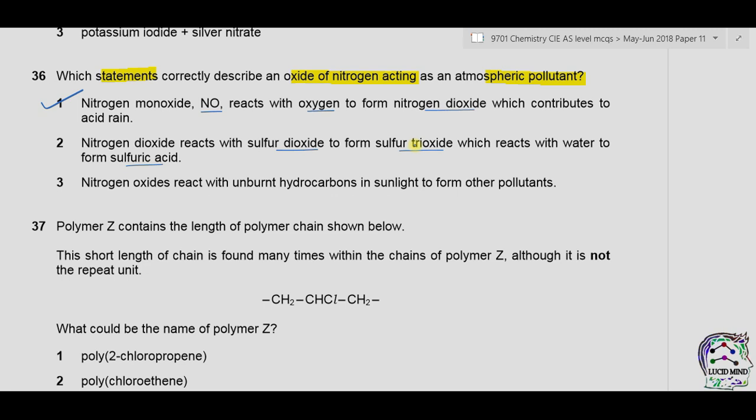This also produces acid rain, so it is also an atmospheric pollutant. This is a correct statement. 3. Nitrogen oxides react with unburnt hydrocarbons in sunlight to form other pollutants. This is also correct because it forms photochemical smog, which is also an atmospheric pollutant. As all three options are correct, the answer is therefore A.